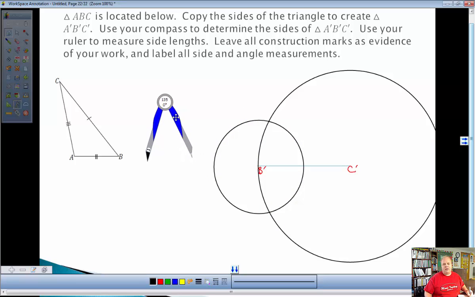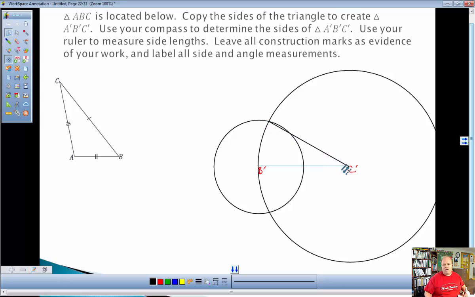Then I'm going to get my lines back out and connect everything. I need to redo that line. So then this is the exact same triangle.